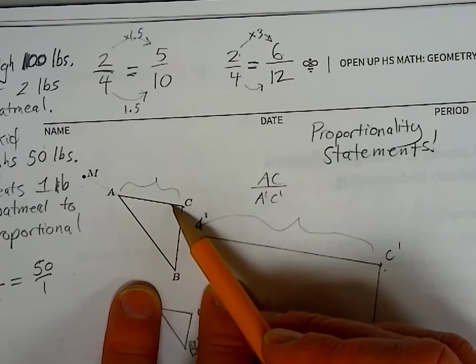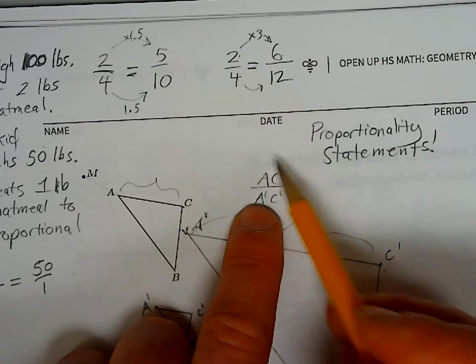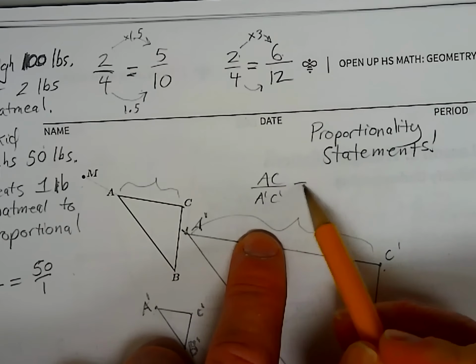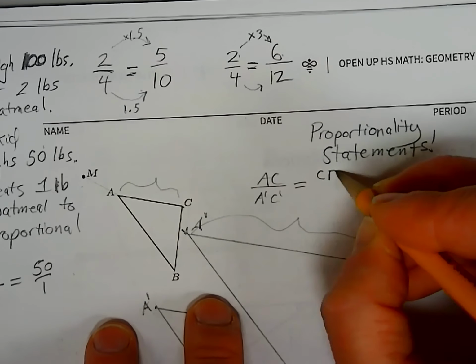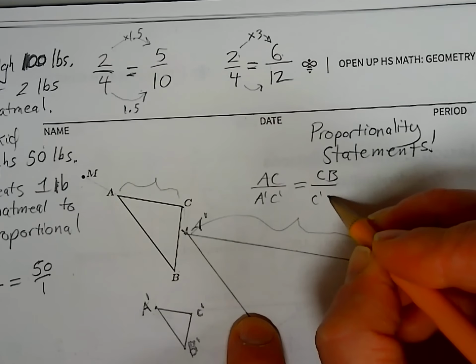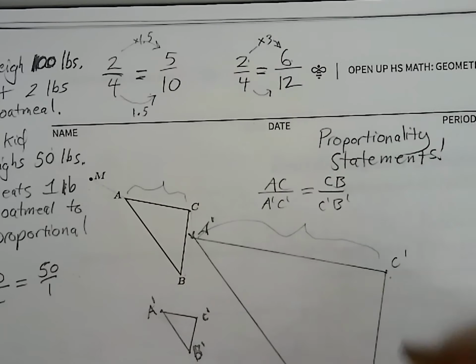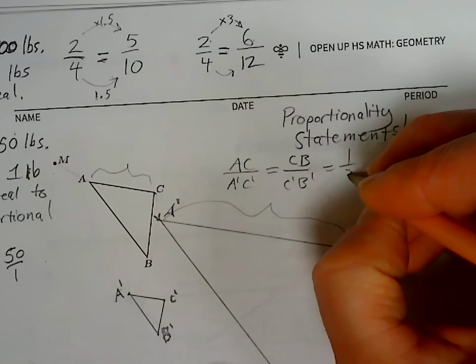The first one was, the second one's 3 times longer. The bottom one's 3 times bigger. But you want to know what else is 1/3? The distance CB compared to C prime, B prime. This distance here. These are all equal to 1/3.